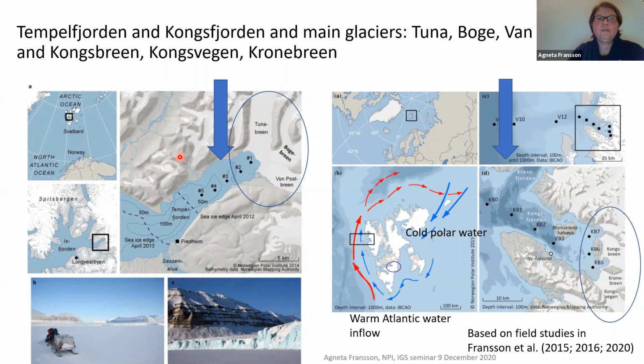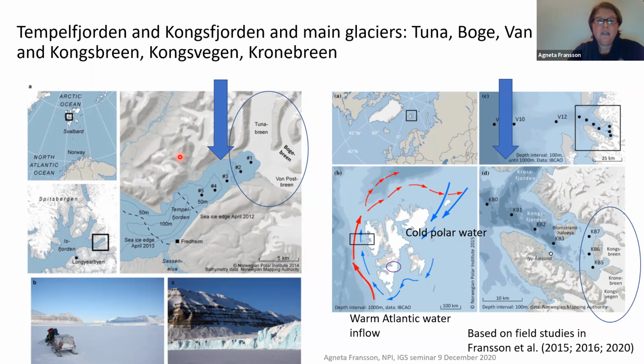But in the inner parts of the fjord, there are three main glaciers, which are Tunabreen, Bogerbreen, and von Postbreen. Tunabreen is a tidewater glacier, while the other two are land-terminating glaciers. And there is also sea ice in the fjord in winter.